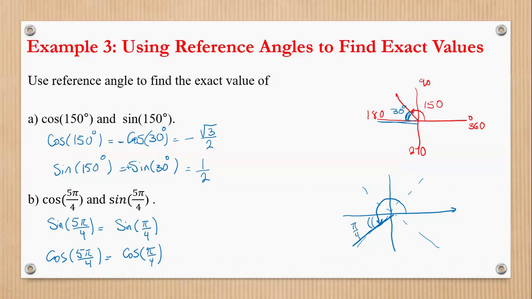But since the angle is in the third quadrant, in third quadrant, sine and cosine both are negative. And the sine of pi over 4 is root 2 over 2 with a negative. Cosine is also negative root 2 over 2. And these are the answers for sine and cosine of 5 pi over 4.